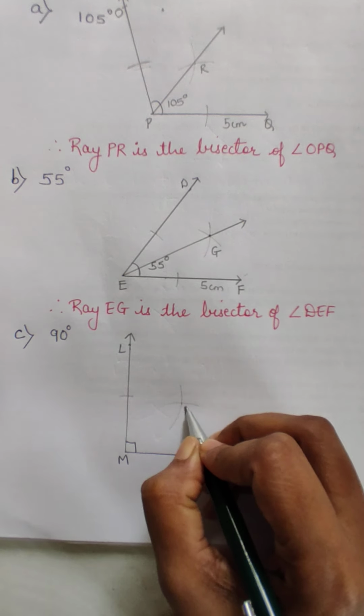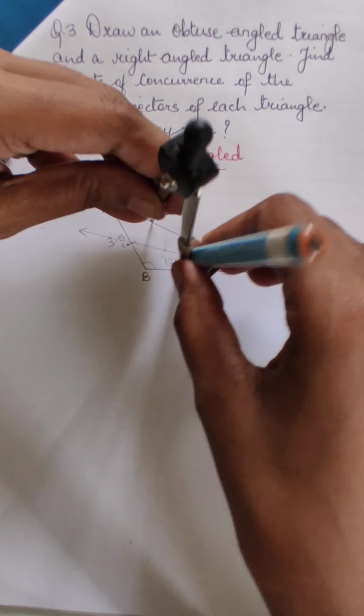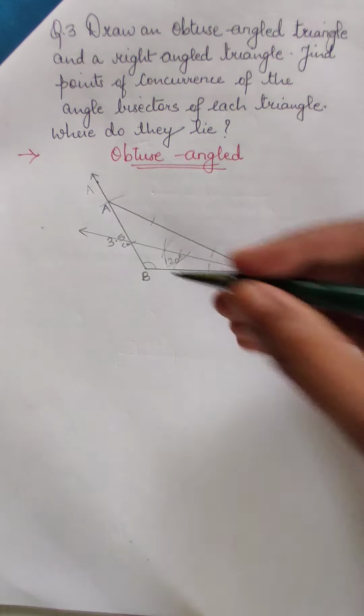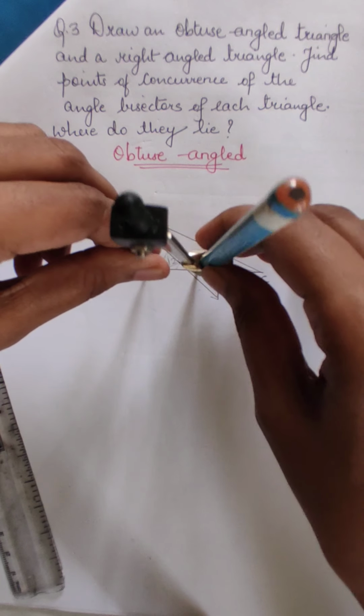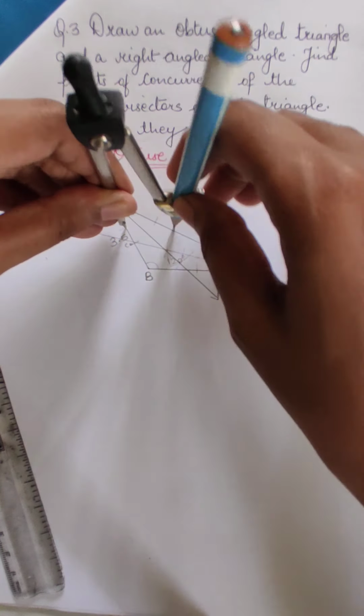Now I will start with angle A. Again appropriate distance. Same distance, draw the arcs. This is the point of intersection. So from A you have to draw a line like this. Now angle C. So again appropriate distance. I'll make the arcs for angle bisector.